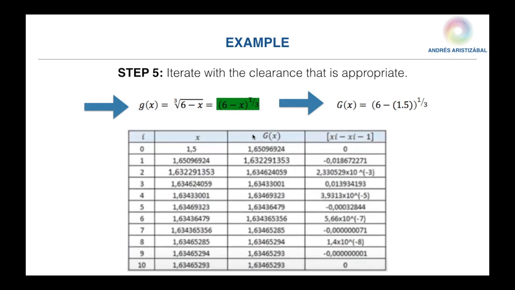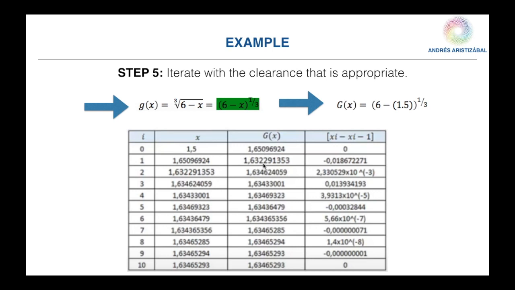The first thing we have to calculate is this column g of x. We get this first value when we replace the midpoint 1.5 in this equation, and we get 1.6509, and I write that value here.